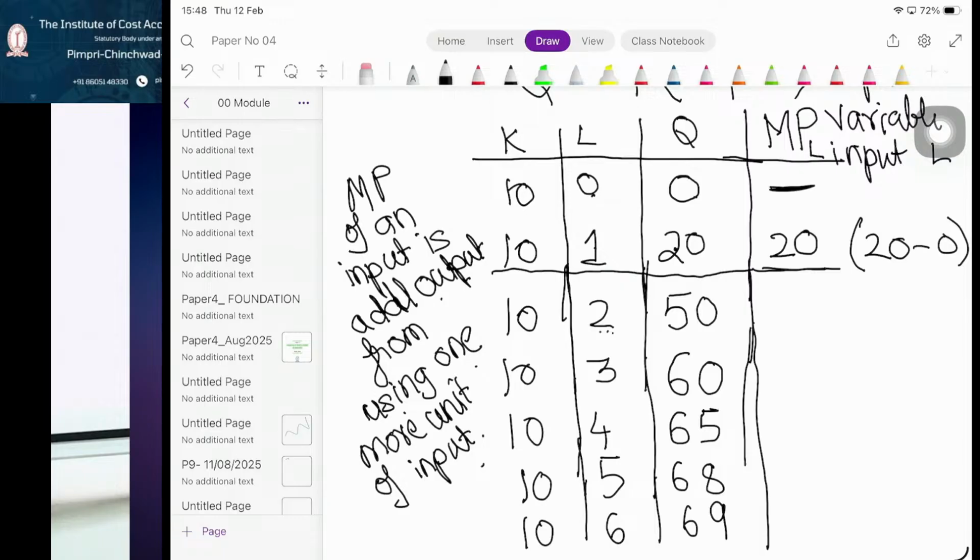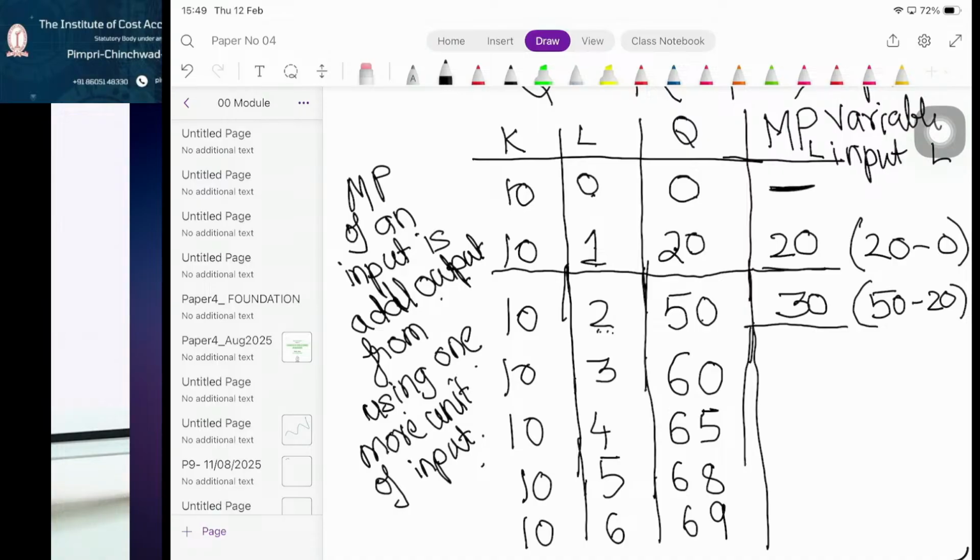Okay, I am going to do one more calculation, then I hope you all will do the calculation. When I am using the second input, total output is 50. And with one input of labor, total output is 20. So how much is added by the second labor? Earlier with one labor I was producing 20, with two labor I am producing 50. So what is the marginal product of the second labor unit? 30. Got it, right. Okay, quickly compute.